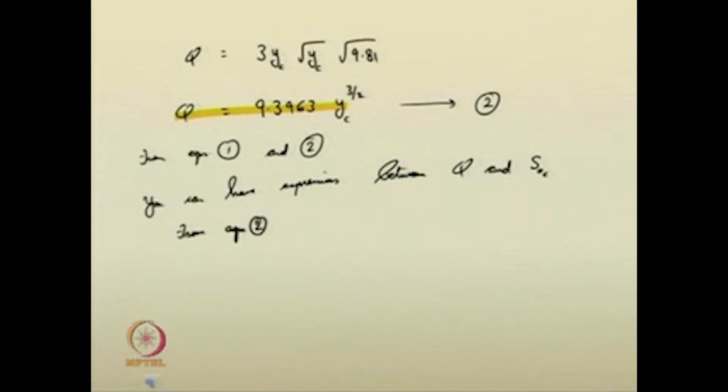From equation 2, I got YC to the power of 3 by 2 is equal to Q by 9.3963, or this will give you YC is equal to Q by 9.3963 to the power of 2 by 3.